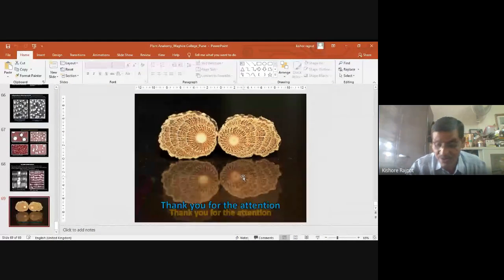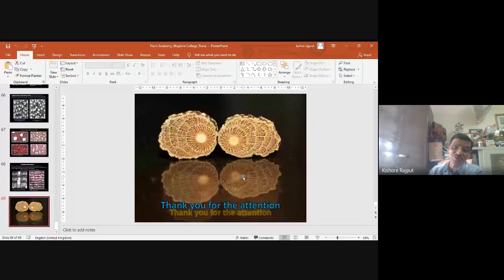Particularly here, each individual topic is very interesting in itself. If you concentrate just on petiole anatomy or only on vessel anatomy, you will really enjoy it. But the only thing is your sectioning should be perfect and staining should be perfect.